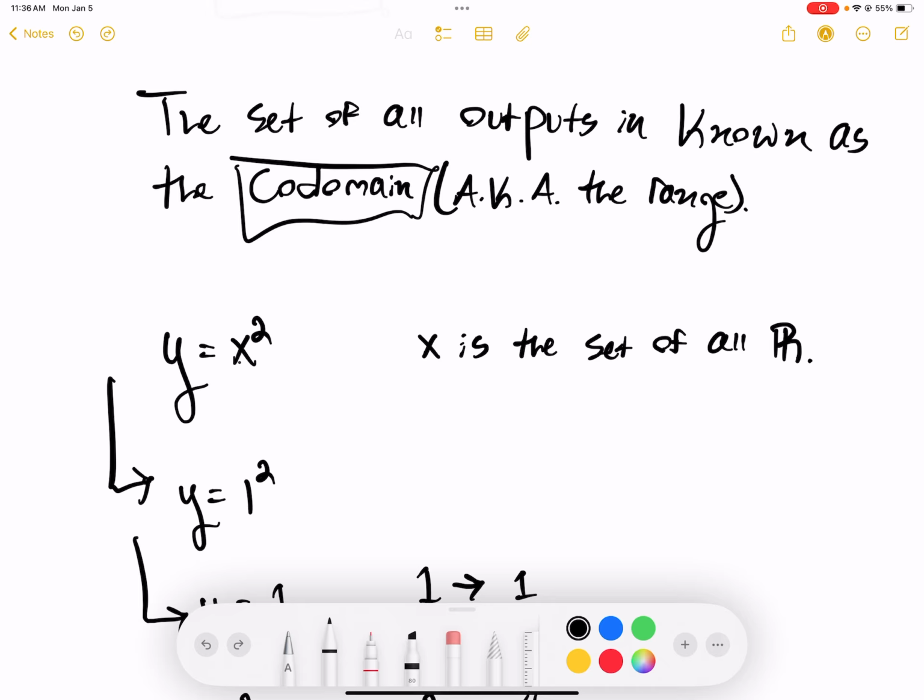So our range, our output for this function here, our codomain is all of the positive numbers. And this is how we would write our codomain. Y is the set of all non-negative real numbers.